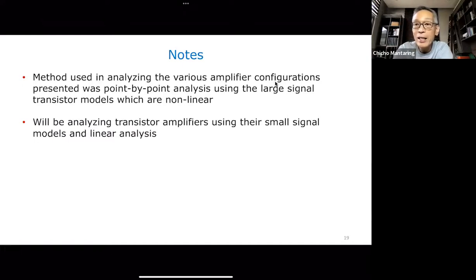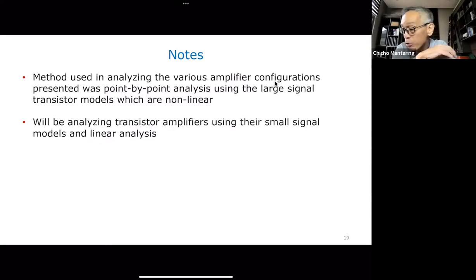Now, fortunately, that's not how you're going to be analyzing transistor circuits from this point onward. From this point onward, you're going to be analyzing transistor circuits using the small signal model and using linear analysis. So I'm not going to have to do a point by point and then getting delta V sub O over delta V sub I to compute for the gain.